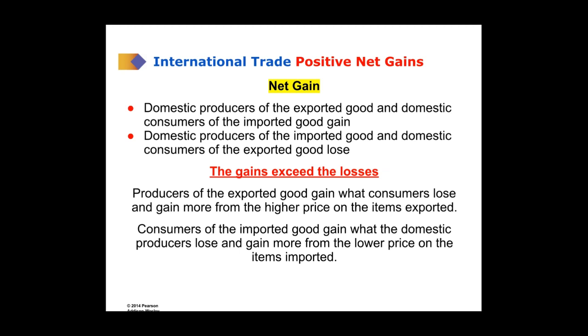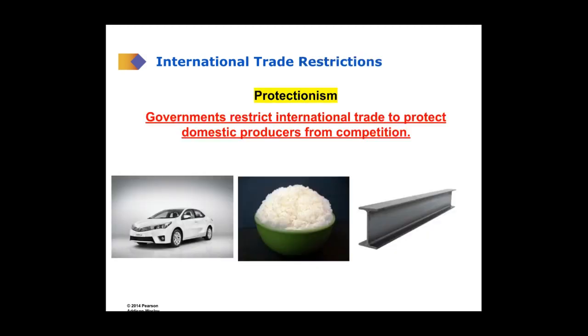When we add it all up, the gains exceed the losses, and this is one of the important things about trade. Both parties benefit by trade, even if within a specific country there are some people who benefit more than others. Overall, when we add it all up, the parties in both countries are better off.